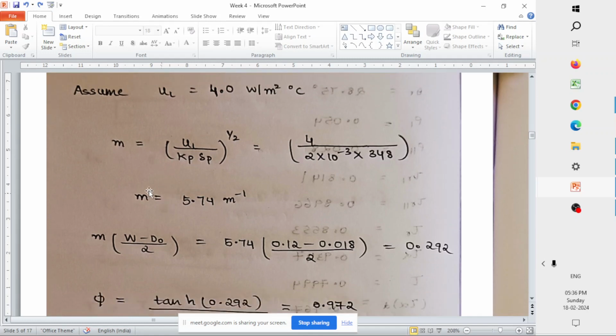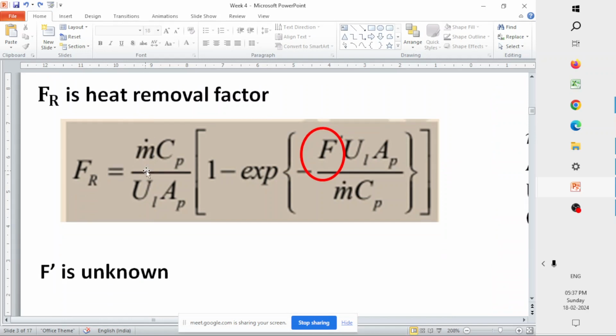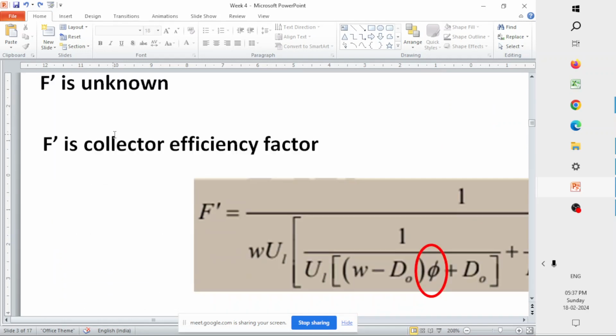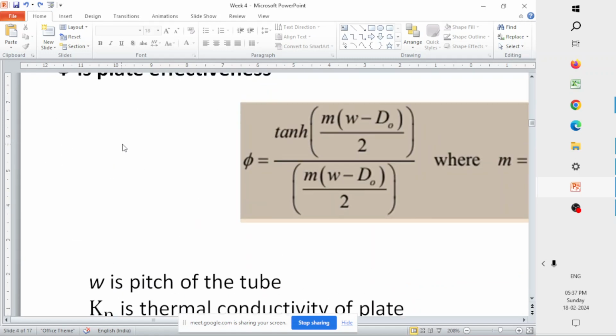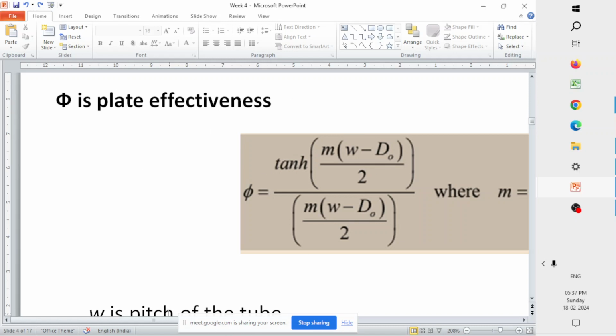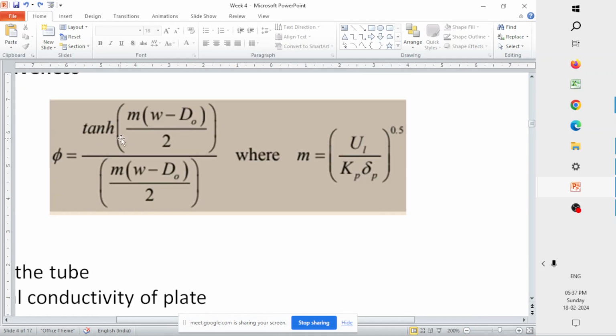Okay. So let me repeat what I said previously. We start the problem with the calculation of your plate effectiveness factor, which is a function of the pitch of the tube, D naught, and your m, where m is nothing but UL divided by Kp delta P, whole power 0.5.